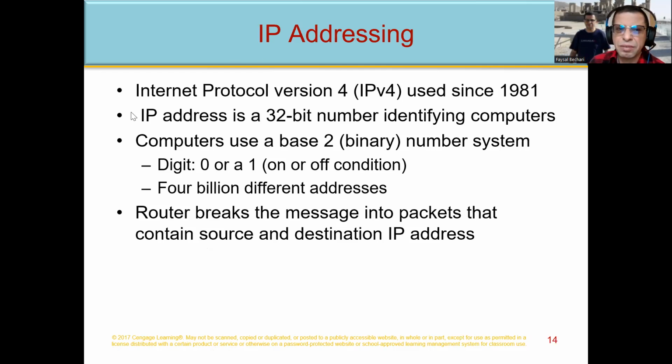So what's an IP address? An IP address is basically Internet Protocol version 4, IPv4, and it's been used since 1981. IP addresses are 32-bit numbers that identify the computer they come from, and computers use binary, 0 and 1, which is off and on, and there can be over 4 billion different addresses.